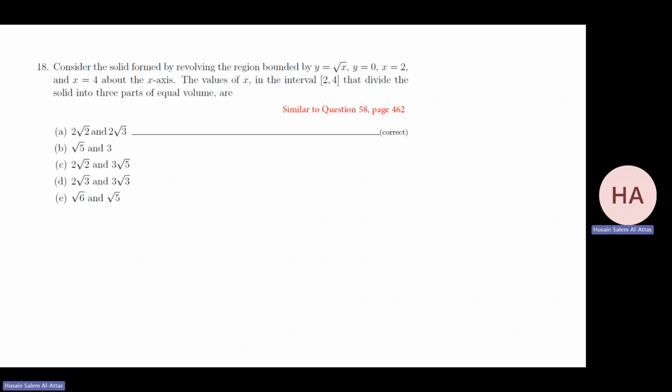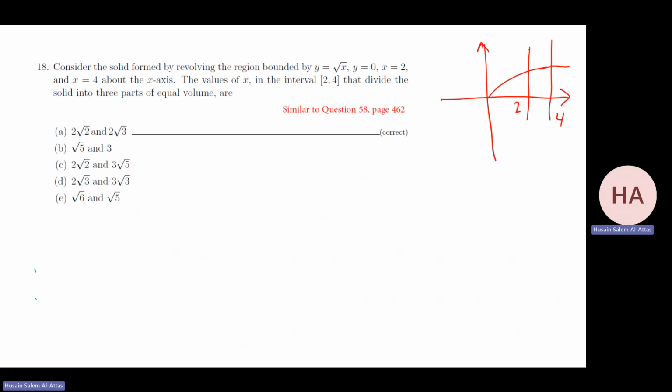Let me finish it. Divide the solid obtained from revolving the region bounded by y equals square root of x, y equals 0, x equals 2, x equals 4.